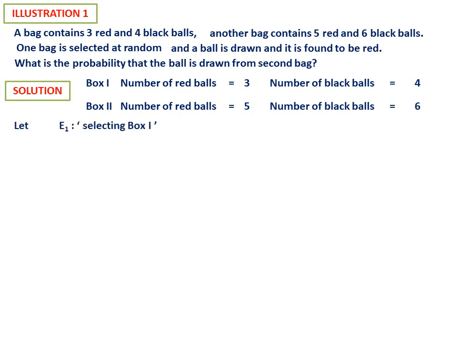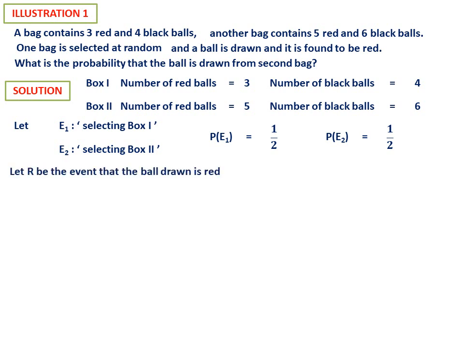Now let E1 be the event selecting box 1, and E2 be the event selecting box 2. This is a very important step, because the first activity is selecting the box. Now probability E1 equals probability E2 equals 1 by 2. Selected at random means both have equal probability. So probability E1 is 1 by 2, probability E2 is 1 by 2.